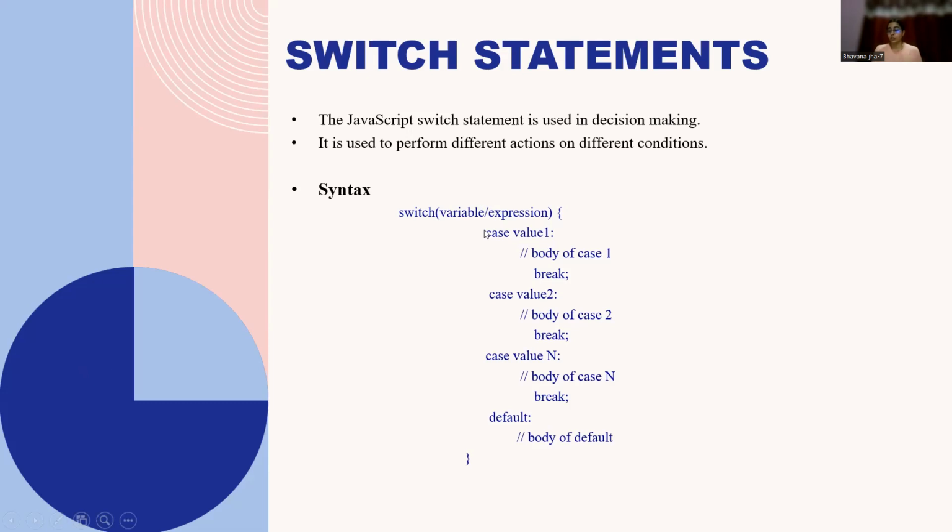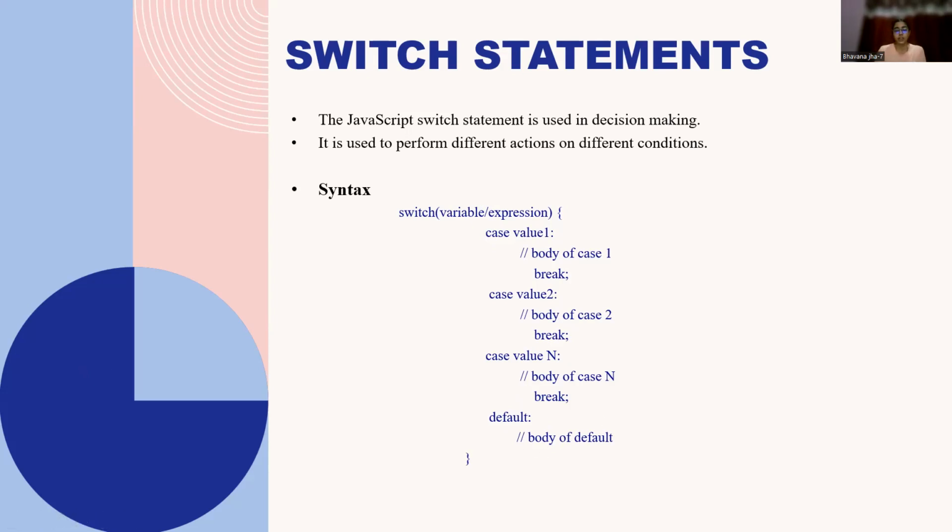Then the value of the expression is compared with the value of each case. If there is a match, the associated block of code will get executed. And if there is no match, then the default body gets executed.